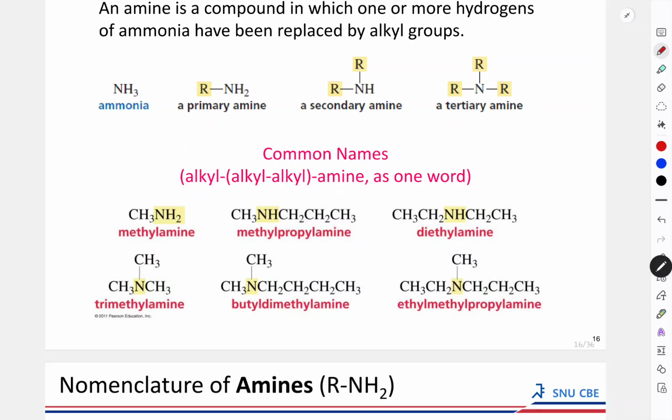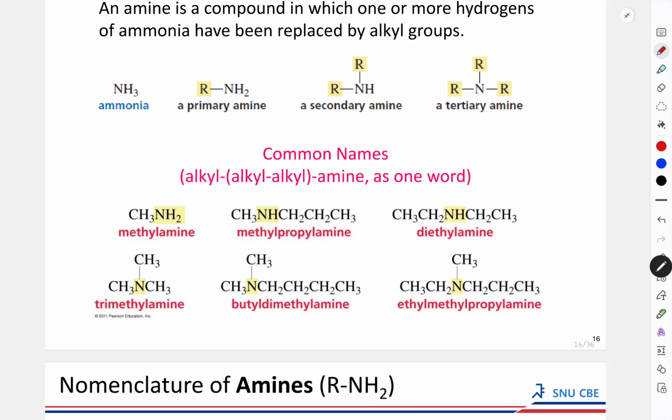That's the common name. In the systematic way, the E at the end of the name of the parent hydrocarbon is replaced by amine. Like you switch E with OL for alcohol, you switch E with amine for amines. And then with a number, identify the carbon to which the nitrogen is attached.